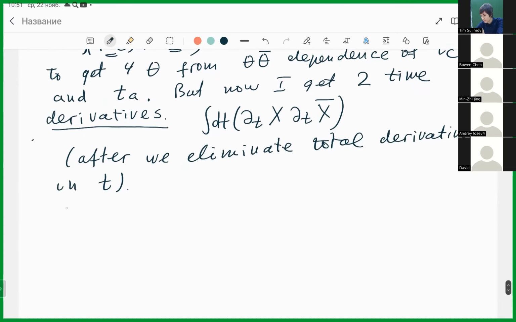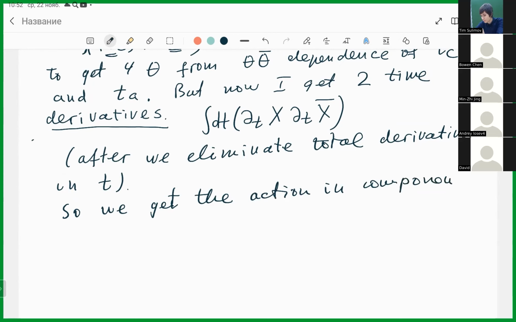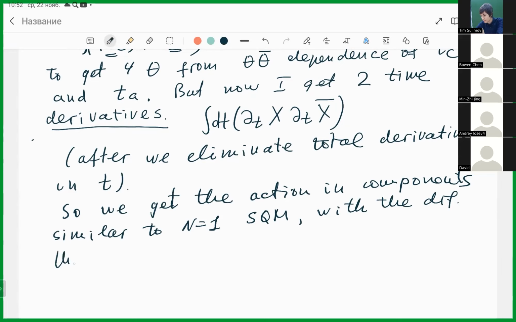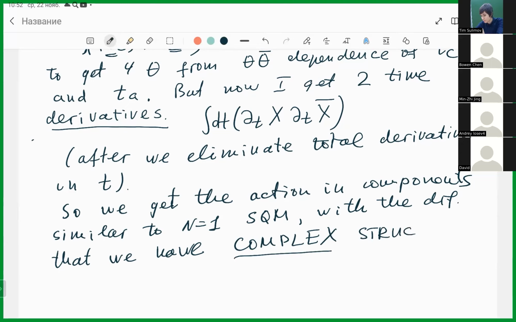So we will get the action in components similar to n equals 1 supersymmetric quantum mechanics, with the difference that we have complex structure on the target.